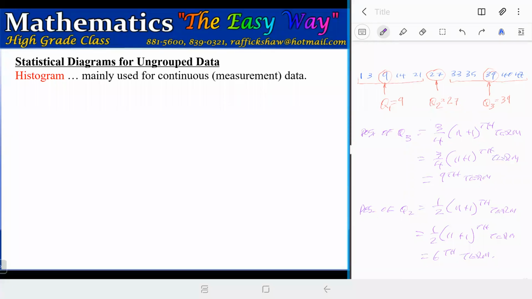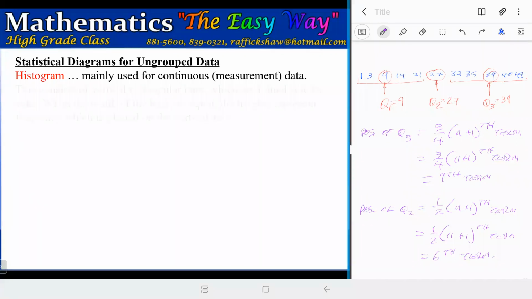But discrete data, which is counting data, you tend to represent with a bar chart, because you know you're counting specific values, right? Continuous data is measurement, so the value that you use depends on the accuracy that you want from the data, right? In terms of the measurement, how accurate do you want it to be? 1 decimal place, 2 decimal places, or 3 decimal places.